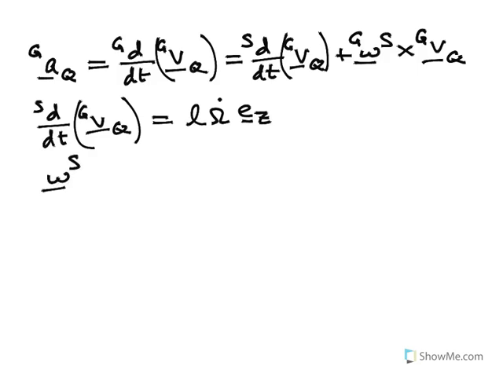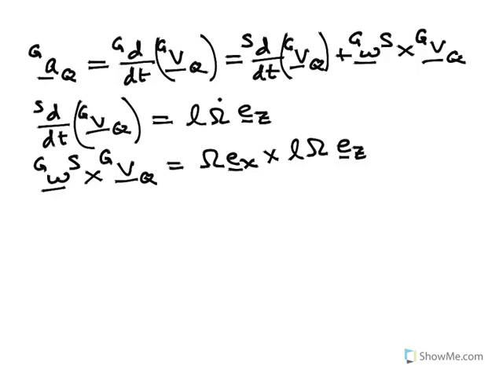The angular velocity of the shaft as viewed by an observer fixed to the ground crossed with the velocity of point Q as viewed by an observer fixed to the ground is equal to omega Ex, because remember that's the angular velocity, crossed with this velocity of point Q, which is L omega Ez, which is equal to minus L omega squared Ey, because Ex cross Ez is equal to negative Ey.